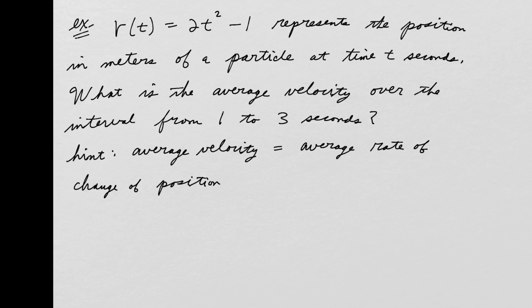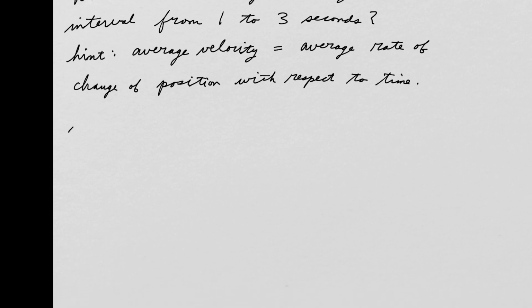You could even say average rate of change of position relative to time, or with respect to time, I'll say. Okay, so if I want to figure out the average velocity, that's just my average rate of change. So basically, I want to know the position at time 3 seconds minus the position at 1 second over 3 minus 1.